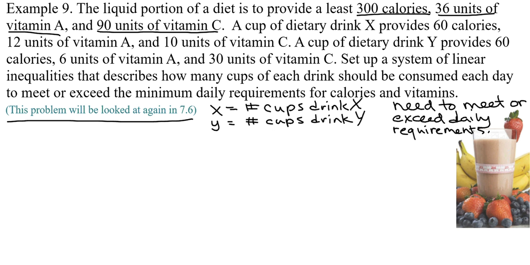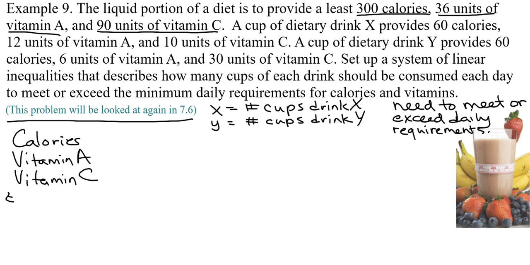So I'm going to talk about calories for one of them, vitamin A, and vitamin C. And then I'll call extra things to consider X is greater than or equal to 0 and Y is greater than or equal to 0.